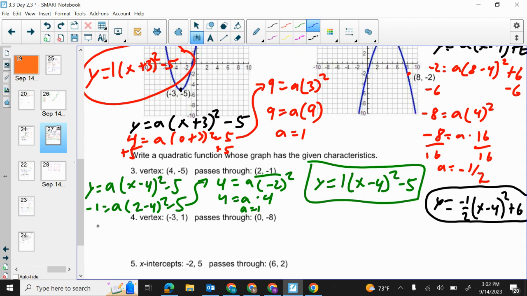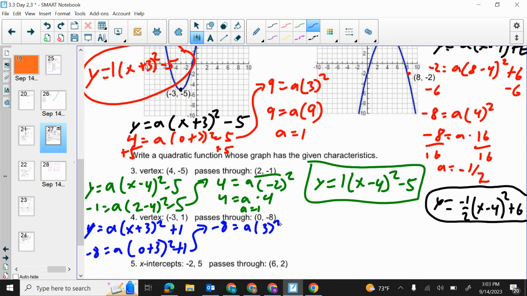Here we go. Number 4, if you did that one instead: y equals A(x plus 3) squared plus 1. I'm going to put this point in. Negative 8 equals A(0 plus 3) squared plus 1.